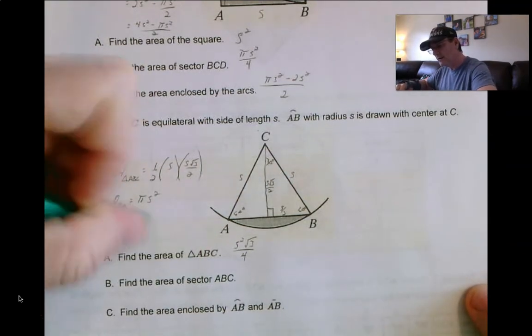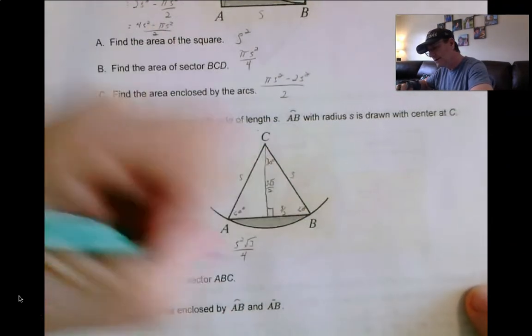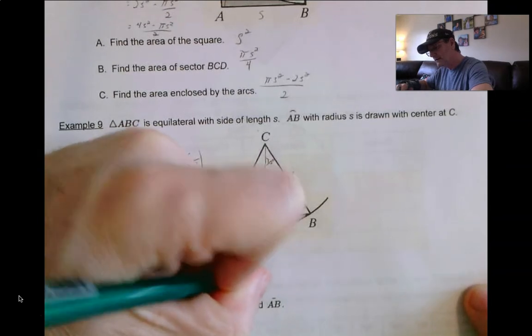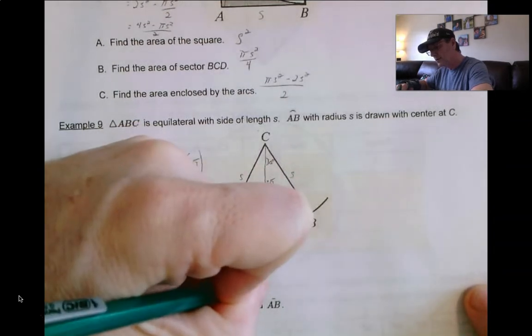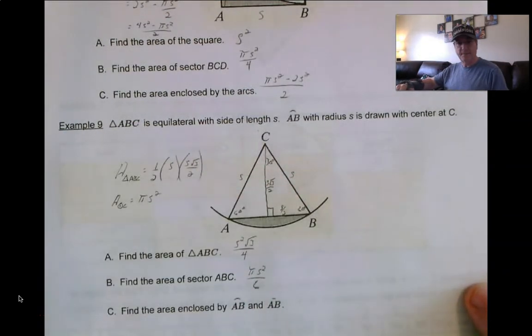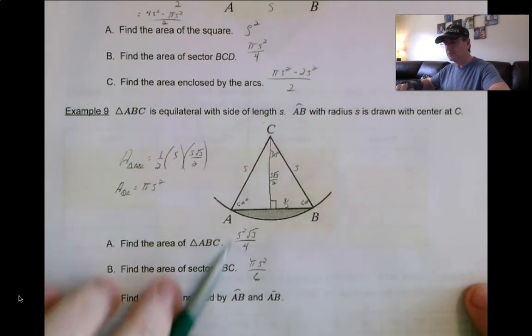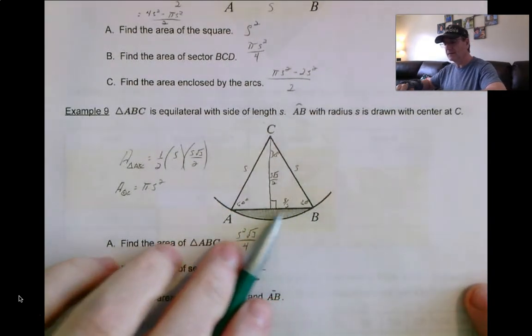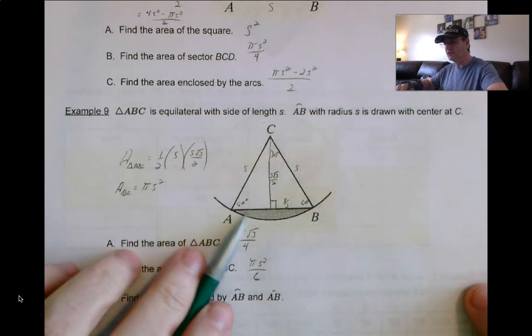So the area of the sector is pi S squared over 6. And then we want to find the area enclosed by the arc AB and segment AB, this shaded region here.